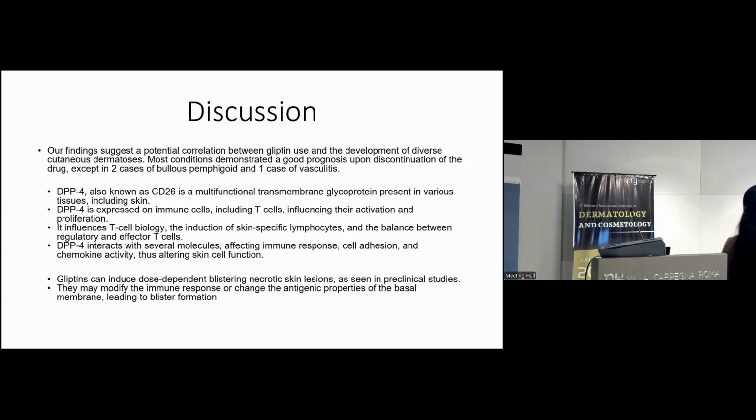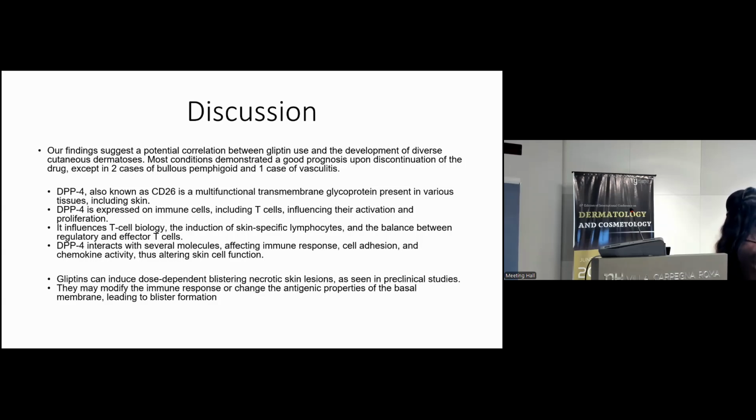DPP4, also known as CD26, is a multifunctional transmembrane glycoprotein present in various tissues, including skin. DPP4 is expressed on immune cells, including T cells, influencing their activation and proliferation. It influences T cell biology, the induction of skin-specific lymphocytes, and the balance between regulatory and effector T cells.